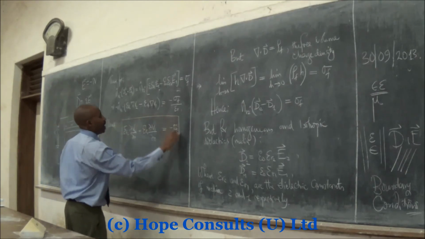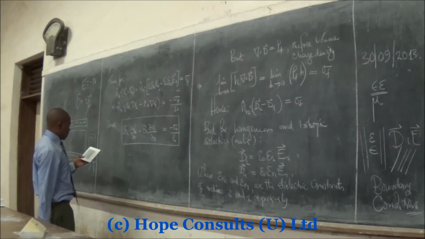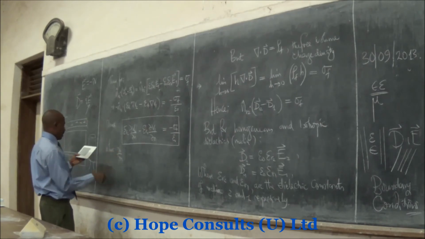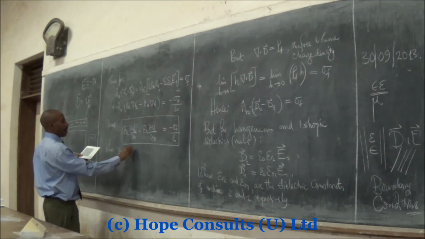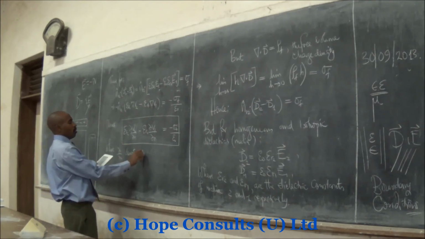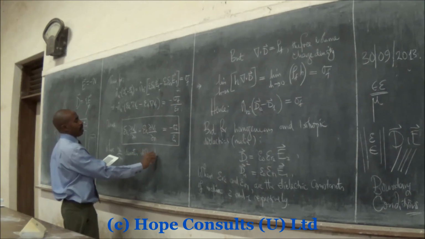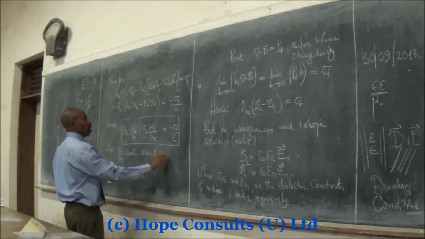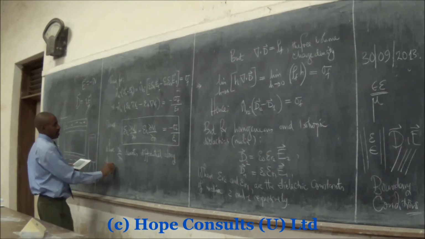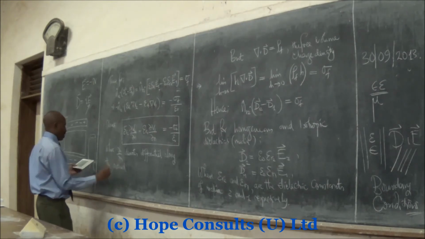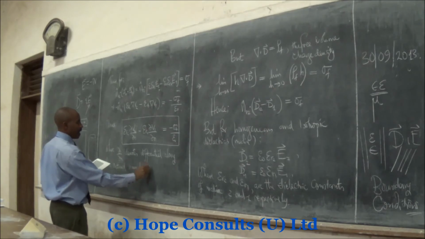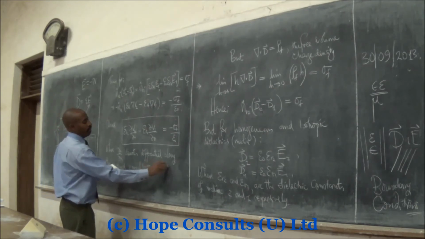And this gives us, where of course d/dn denotes the differential along the outward normal to the interface.